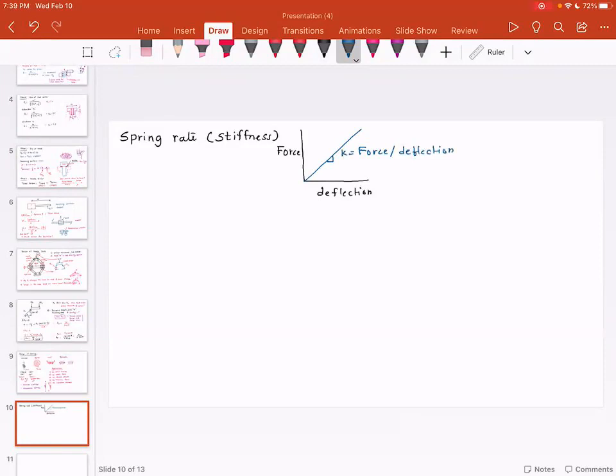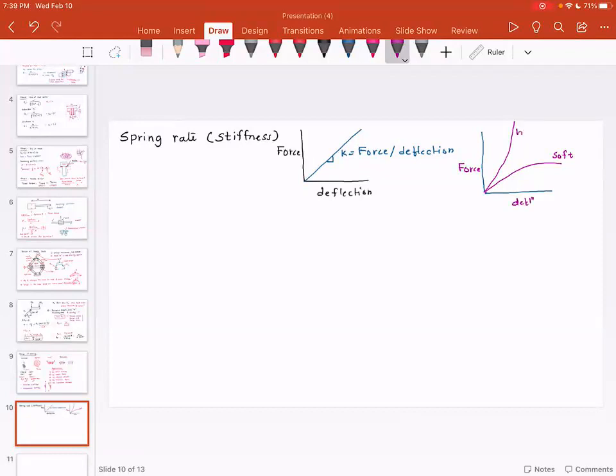You could have a linear spring where the relationship between force and deflection is a straight line. You could have a nonlinear spring. In nonlinear springs, you will see two types: a soft spring and a hard spring. In the case of a soft spring, as the deflection increases, the spring starts becoming softer, which means the amount of force that the spring exerts as the deflection increases is less.